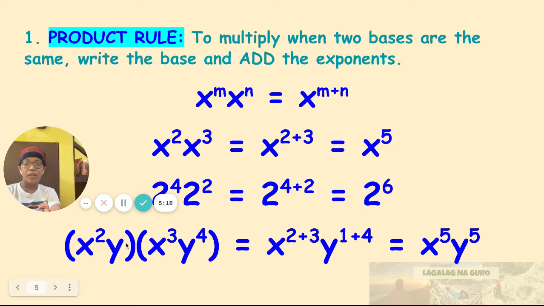So, it is a standard that you are no longer writing 1 here, but that is understood 1. So that is where 1 is coming from. So, 1 plus 4, so the answer is x to the fifth, y to the fifth. Okay?